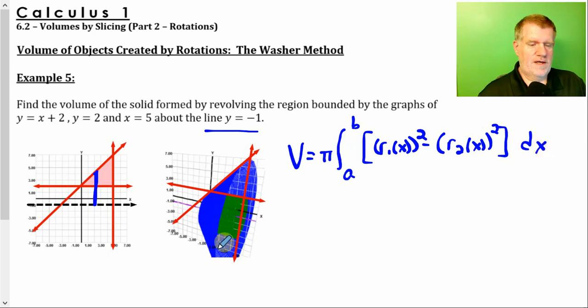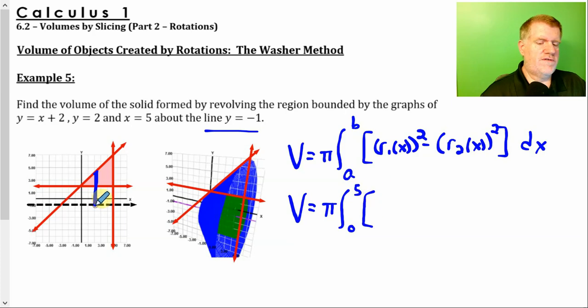Okay. So now here it is. Going from x, x now we know goes from 0 to 5. What's the distance from here to here? Well, the distance from the axis to the edge is just the function x plus 2.